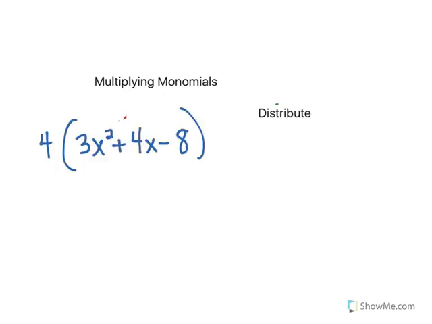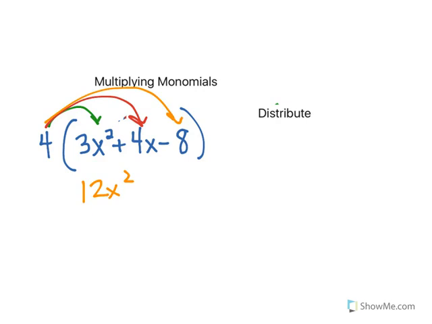Okay, next we're going to multiply a polynomial times a monomial. So in doing this, we are going to distribute. So we would distribute this 4 to each one of these terms. So 4 times 3x squared, you'll have 12x squared.